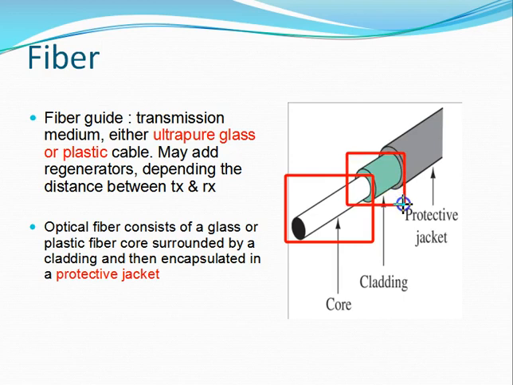Normally the cladding material is the same as the core but with a different refractive index, and we also have a protective jacket to encapsulate the cladding and the core. So our information, which is confined in the core, is well protected by the cladding and the protective jacket. This ensures the safety of our information.